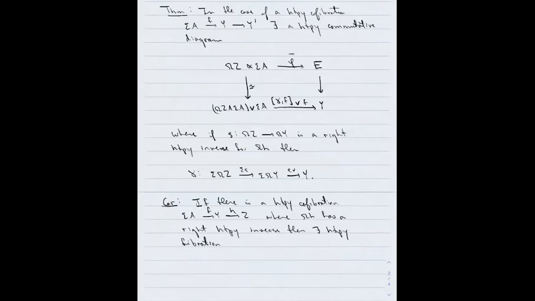On the one hand, we already knew that the fiber of the map from Y to Z is loop Z half smash suspension A in this case.